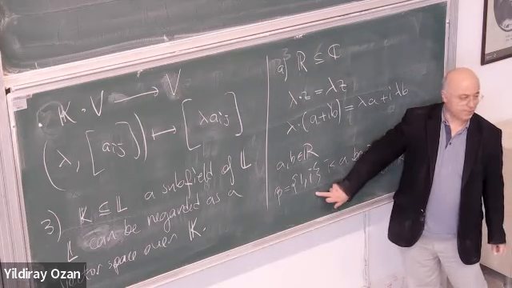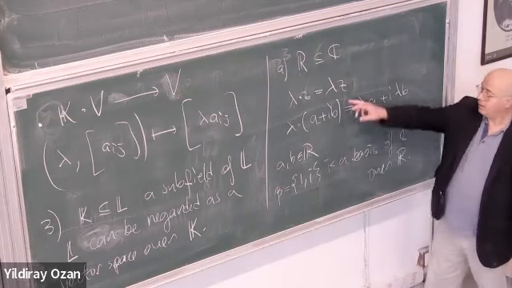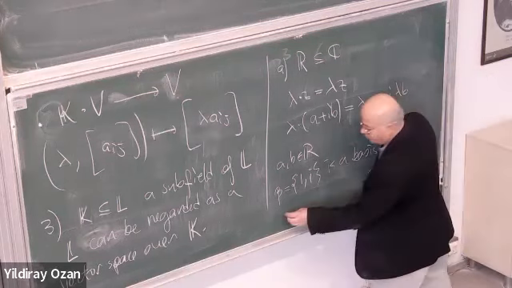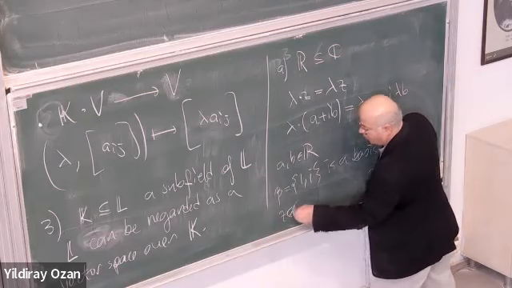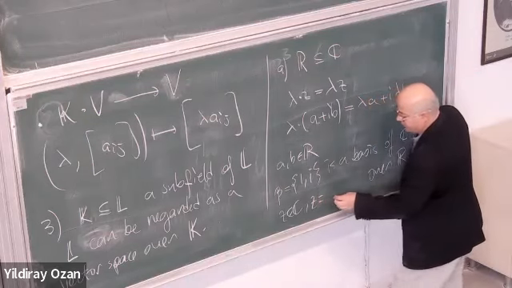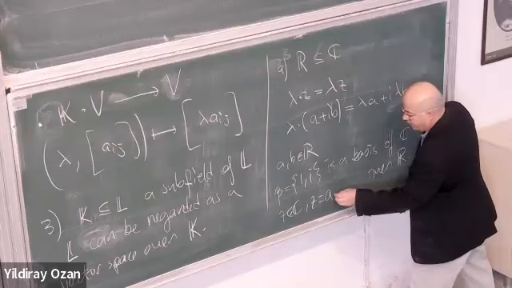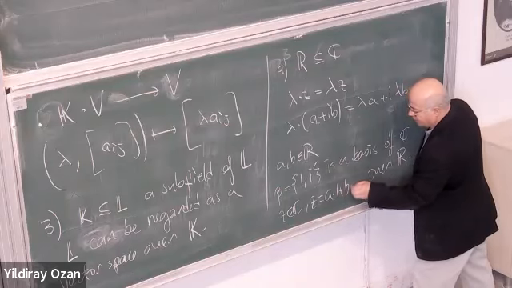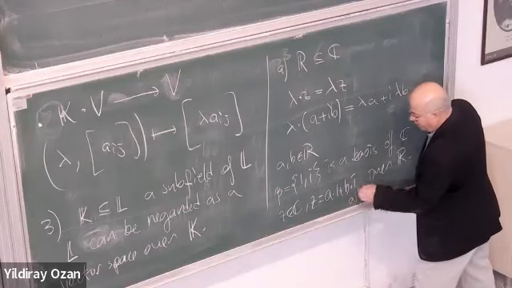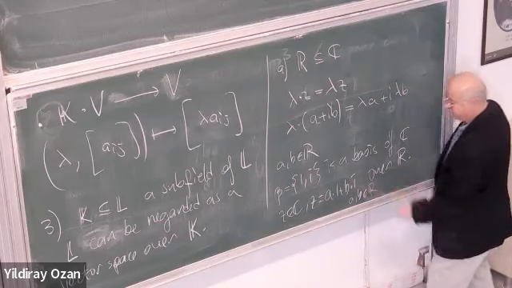Because any complex number can be written like this. So if you take a complex number, I can write just a times 1 plus b times i. And a and b are just real numbers.